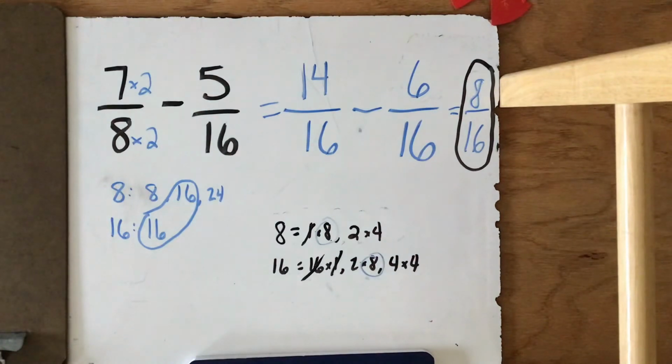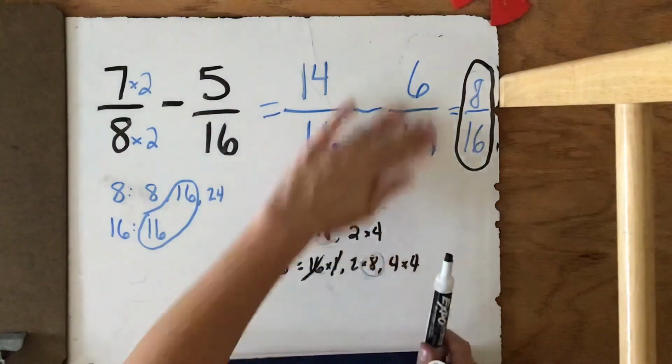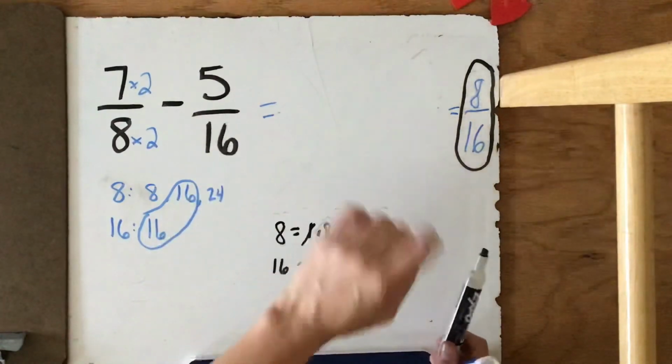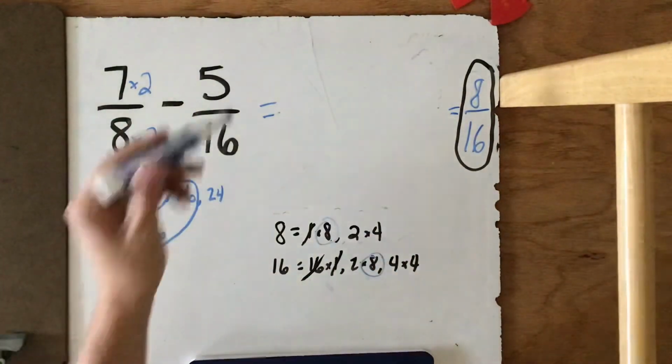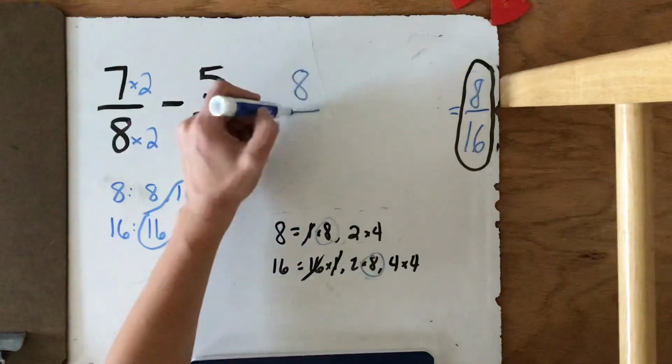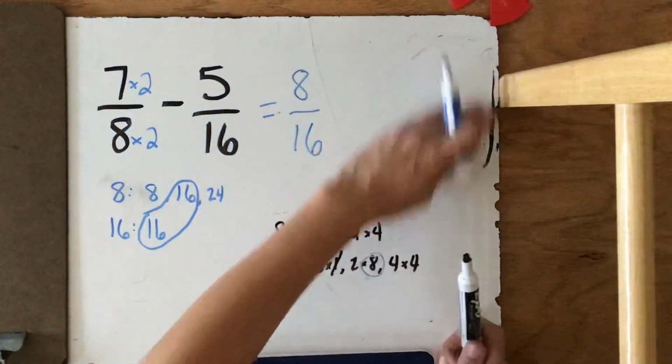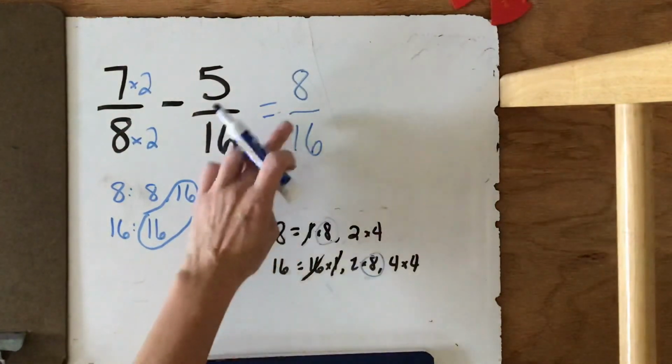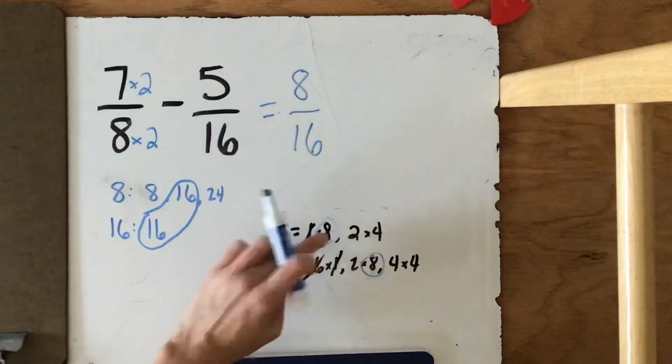Now that we have 8 as our greatest common factor, we need to divide. I'm going to get rid of this. We need to divide both the numerator and the denominator by our greatest common factor.